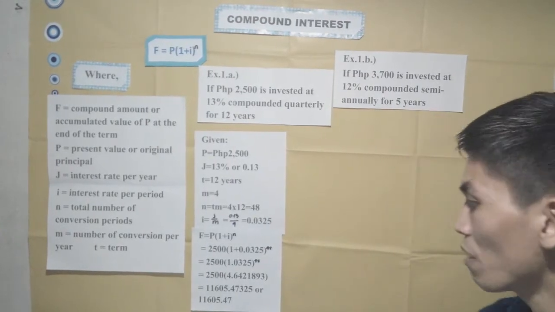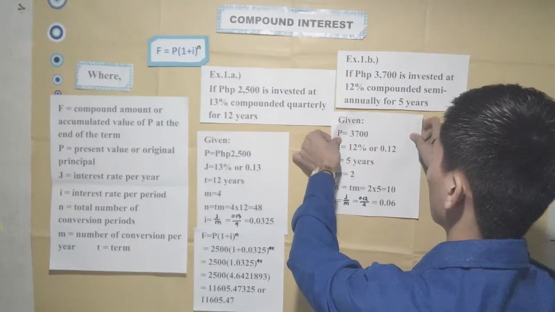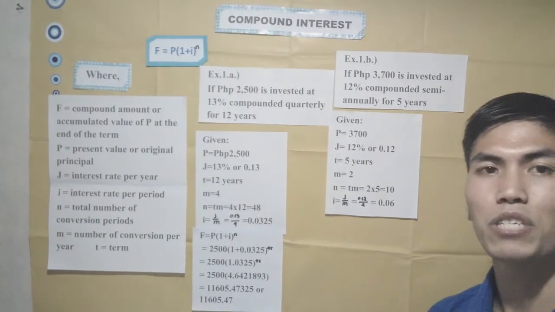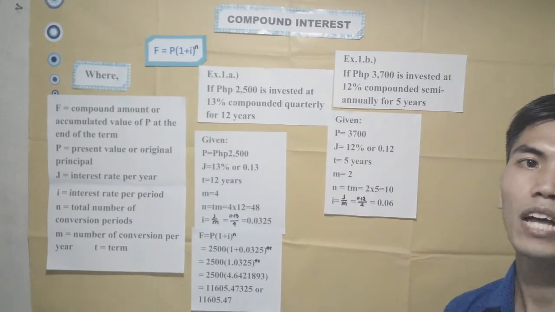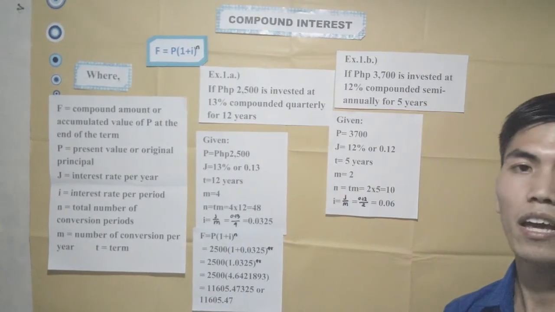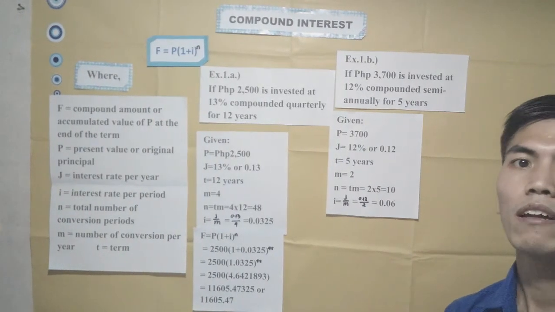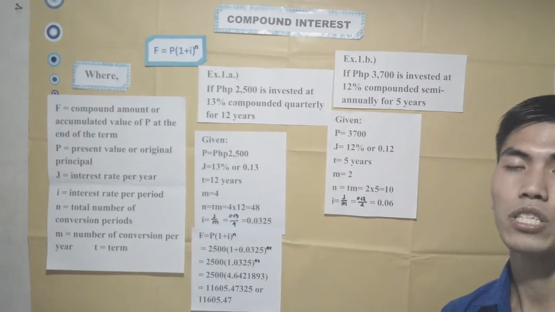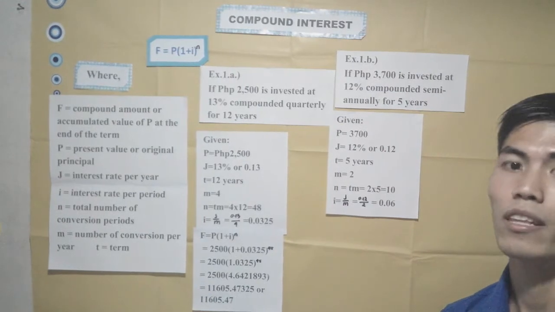Here are the given: the principal is 3,700, j is 12%, our time is 5 years, and m is equal to 2. n is equal to t times the number of conversion periods per year, which is 2 times 5 equals 10.